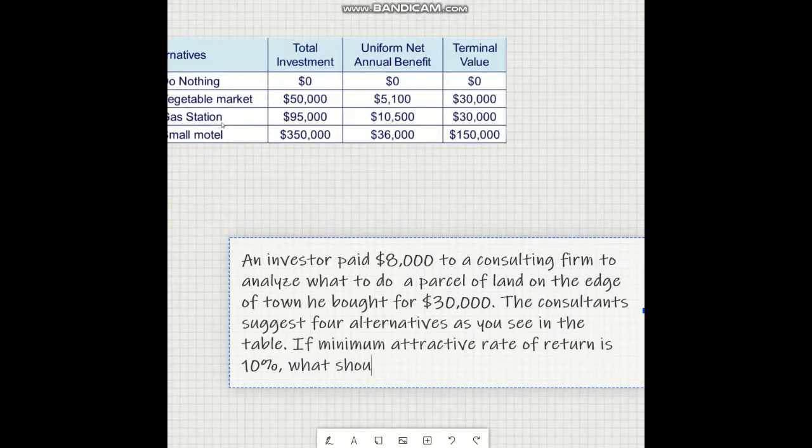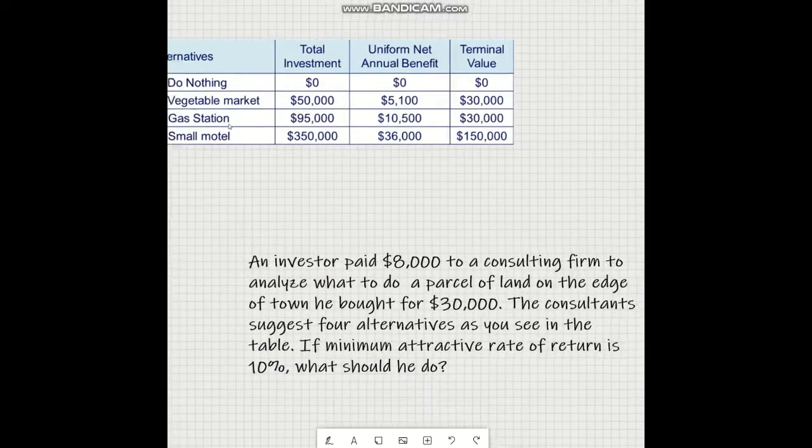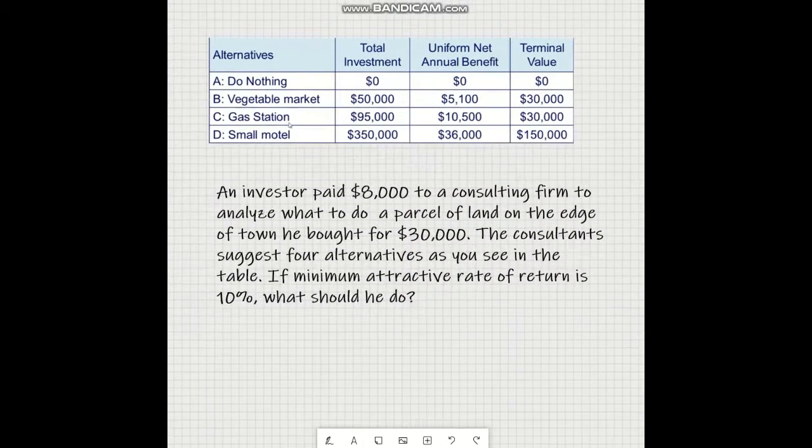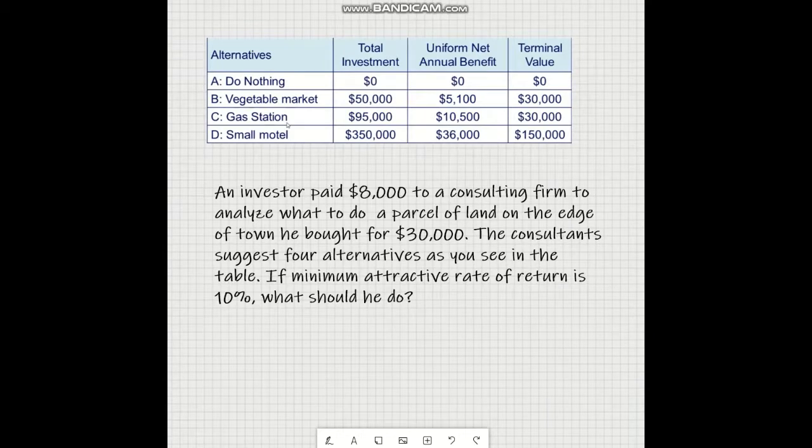What should he do? The question is which one of these alternatives is more than 10%, or are all of them less than 10%? We are going to choose. Okay, so that's why we are going to take the interest rate as 10%.